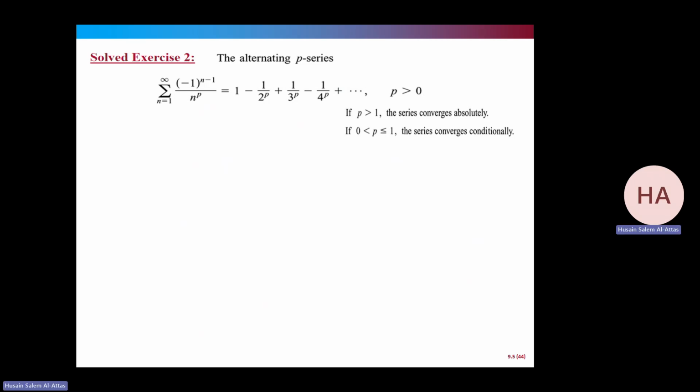What we will do, we notice case a, if p is greater than 1, then an is this. That implies bn, the absolute value of an.